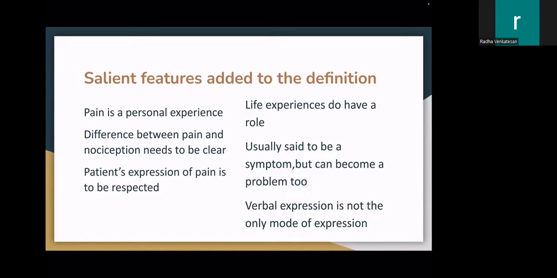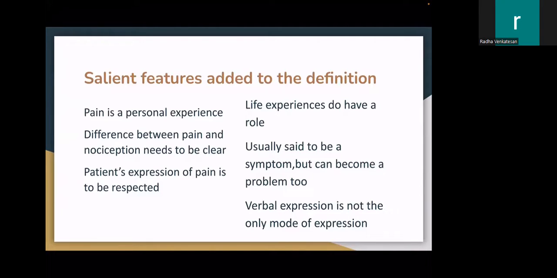Last, verbal expression is not the only mode of expressing pain. Why is it mentioned like that? Sometimes a person may not be able to speak, but still pain can be expressed. An example would be a grimace or a sad feeling, or an increase in heart rate, blood pressure.